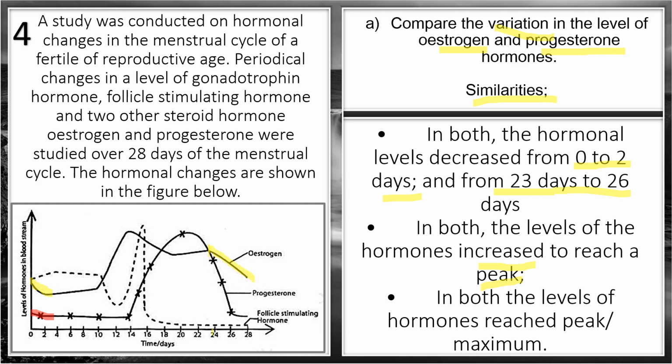Estrogen was decreasing, and progesterone was also decreasing. But both of them reached a maximum peak. Oestrogen reached its peak here at around the 13th, and the progesterone reached the peak at around the 21st here.